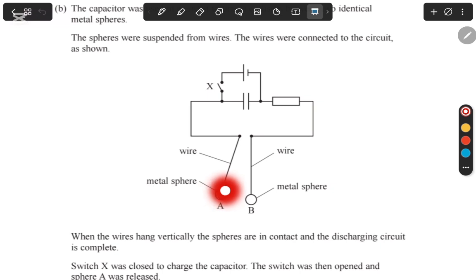Okay, so right now, what we do is we take this A. First of all, the question says that the capacitor is charged. And then we take the sphere A, and we lift it up, and we give it energy.